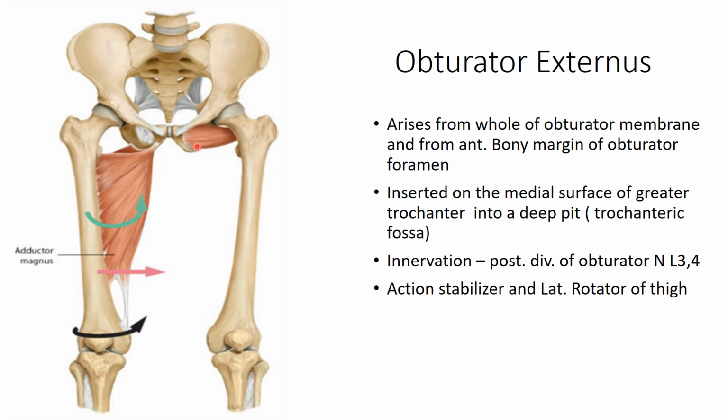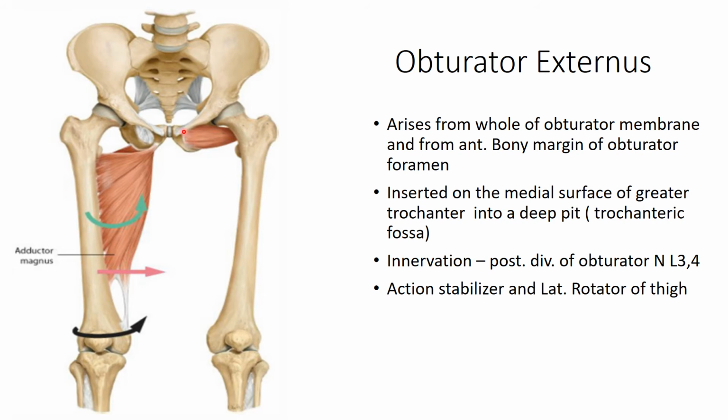So it arises from the membrane and the adjacent portion of the margin of the bone, and this is inserted onto the trochanteric fossa. Trochanteric fossa is lying posteriorly on the medial surface of the greater trochanter. This is a deep pit. So this is the trochanteric fossa, and it inserts into the floor of that trochanteric fossa.